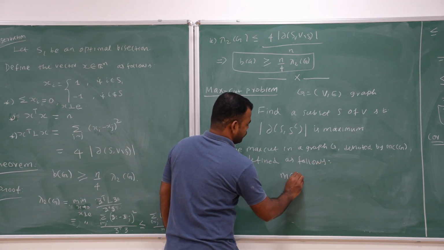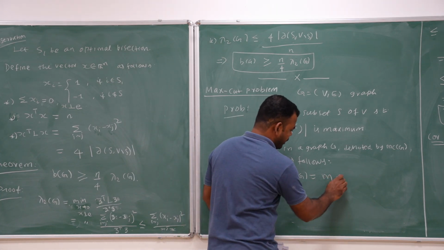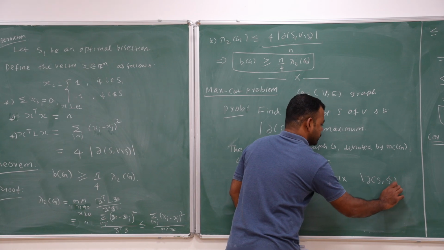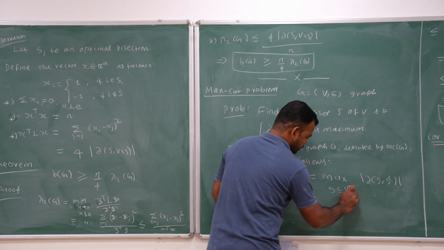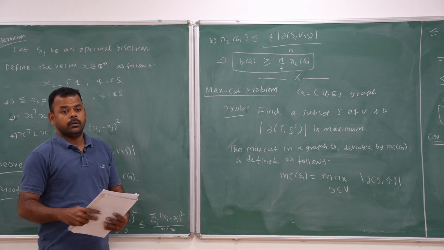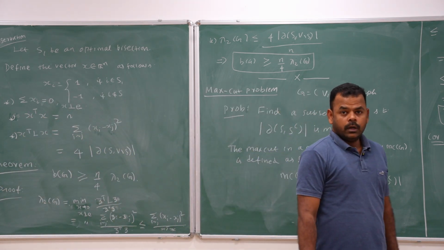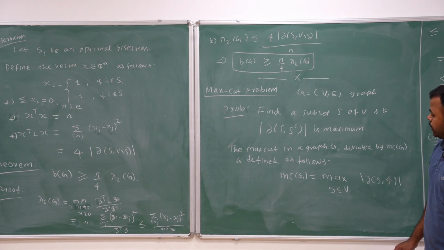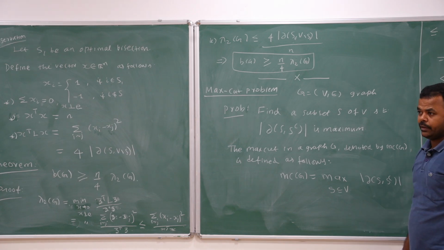MC of G is the maximum of the cuts with S a subset of V. Again, this is a hard problem to solve.